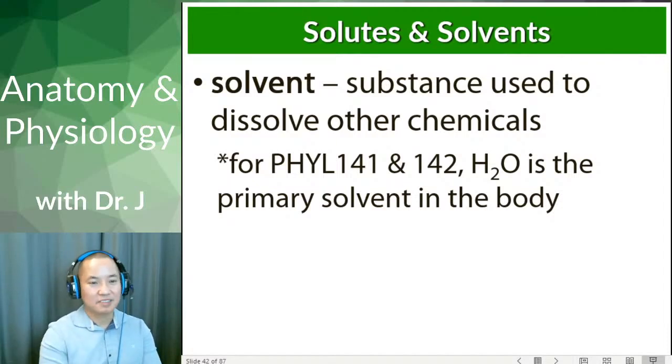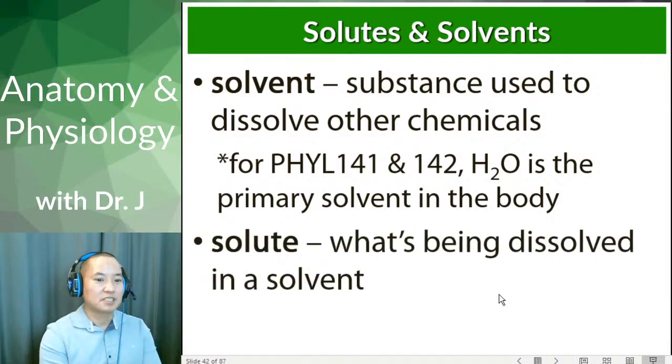But when I'm talking about solvents in this class, I'm always talking about water. Now solutes are what's being dissolved. They sound very similar, and the spelling might look similar to some of you, but they're definitely different. One is the liquid that's doing the dissolving. The other is something that's being dissolved in that liquid.